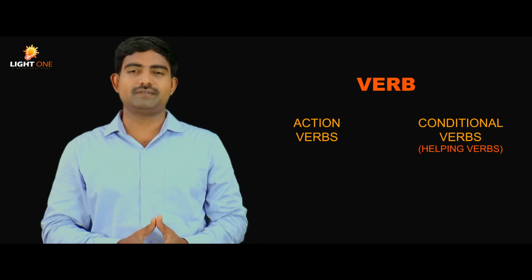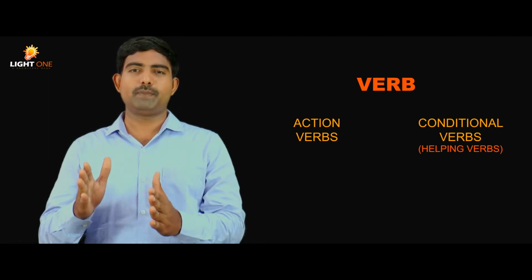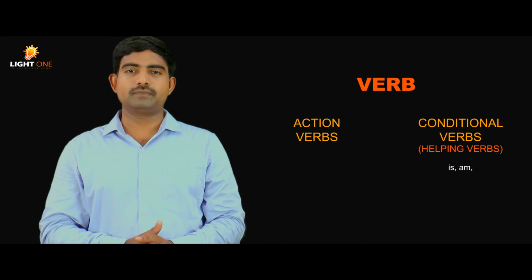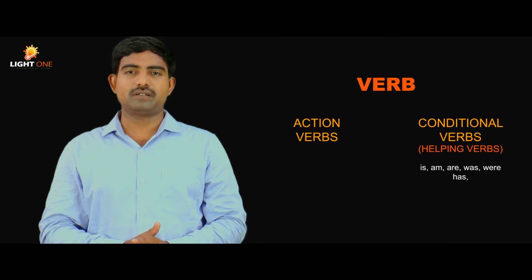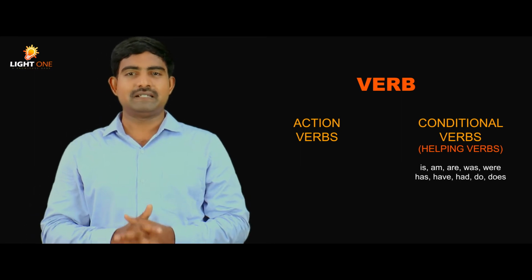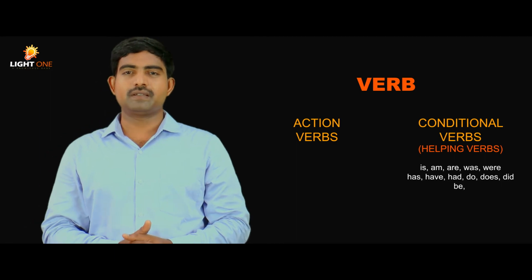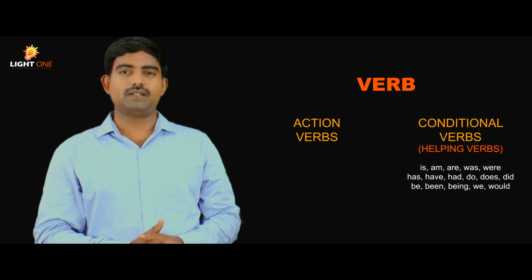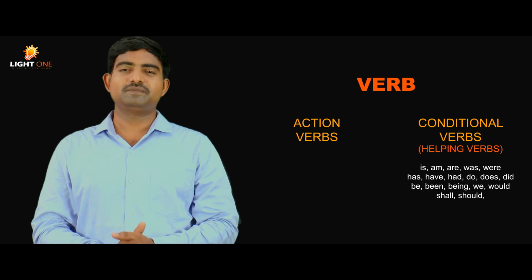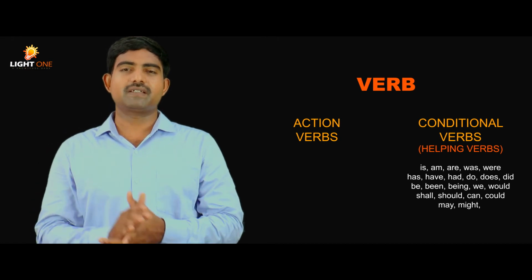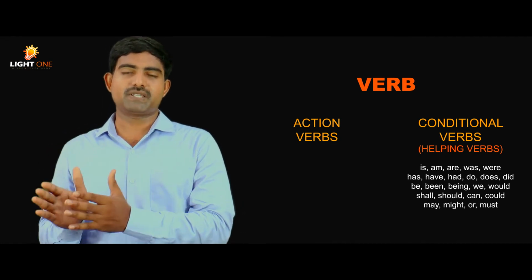In the English language, we have 24 helping verbs, namely is, am, are, was, were, has, have, had, do, does, did, be, been, being, will, would, shall, should, can, could, may, might, ought, and finally must.